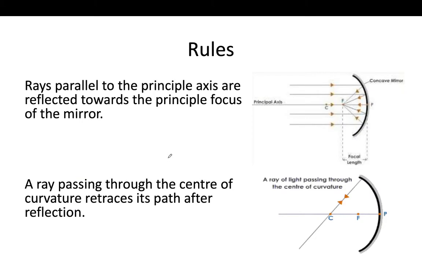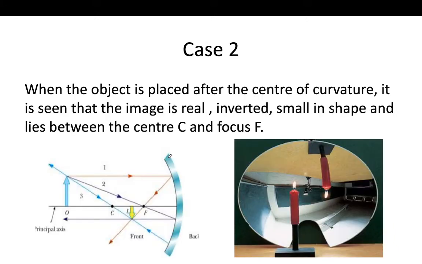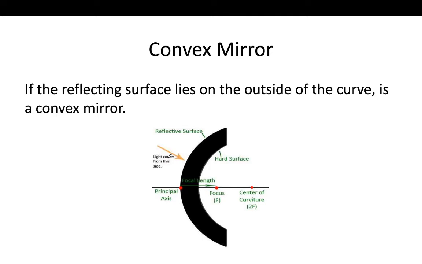So we studied what a concave mirror is, what the rules are, and the 4 cases of image formation in a concave mirror. Now we talk about the convex mirror. If the reflecting surface lies on the outside of the curve, it is a convex mirror.